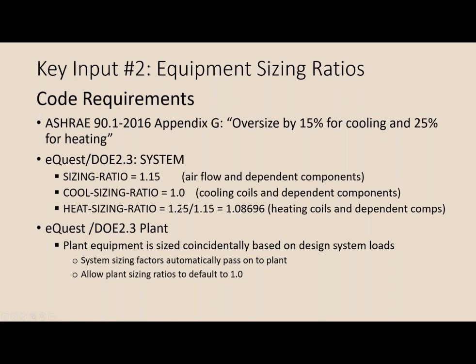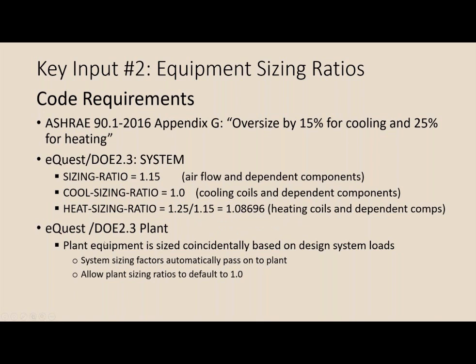For heating, since the factor is 1.25, you have to calculate a value that's a ratio of 1.25 to 1.15, since it's again applied on top of this 1.15. So you would set the heat sizing ratio to 1.08696 to get a net 1.25 sizing ratio for heating coils.